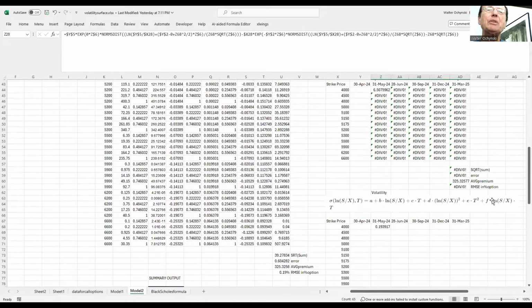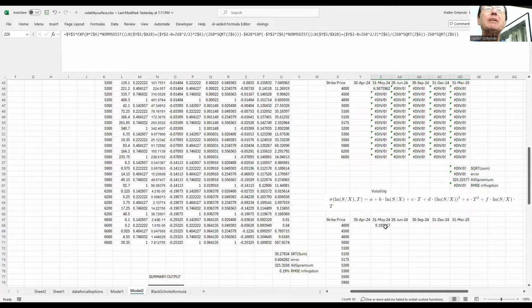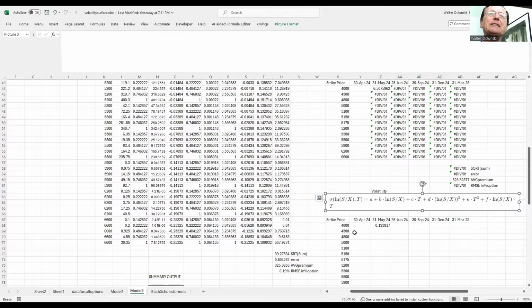Why? Because what I am still missing is my volatility. I have to calculate my implied volatility. And in order to calculate volatility, this is the function which we can use. So volatility is a function of moneyness and time.